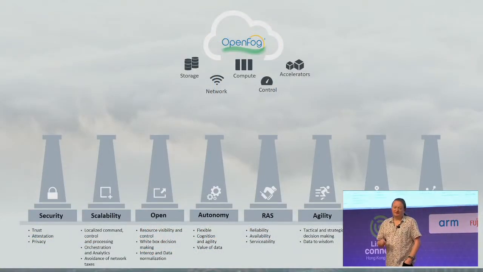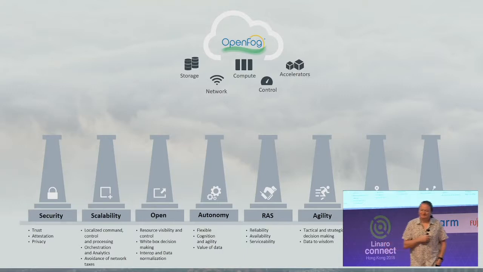Now, the Open Fog Consortium has defined a reference architecture which contains its 8 pillars of standardization. It's a unified framework to help software developers land their technology on these platforms. To develop compute, network, storage, control, accelerators, communications.